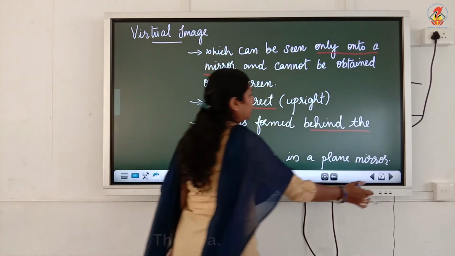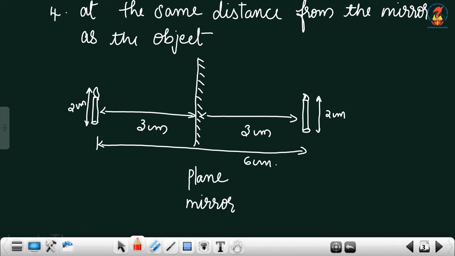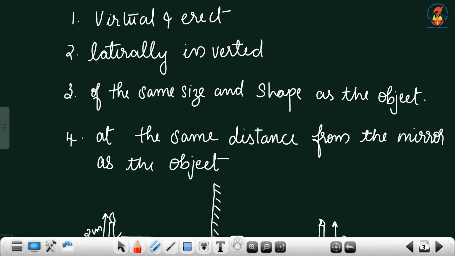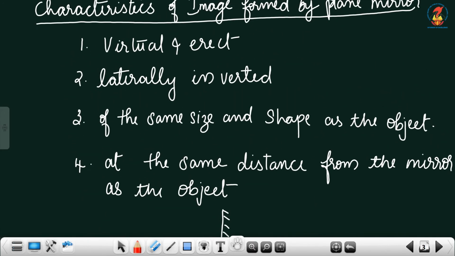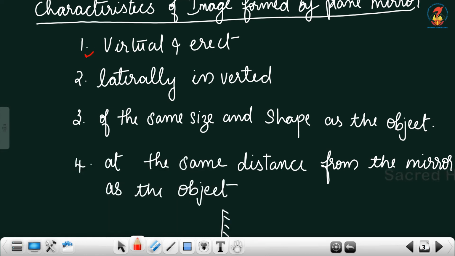Now, what are the characteristics of the image formed by a plane mirror? I already explained it. First, virtual and erect. Laterally inverted, that is, left-right inversion will be there between the object and its image.